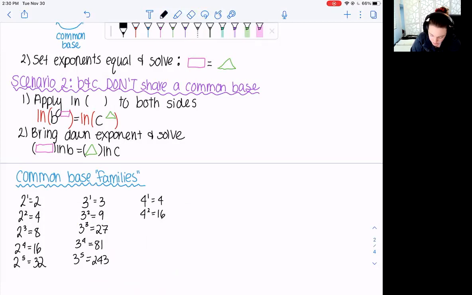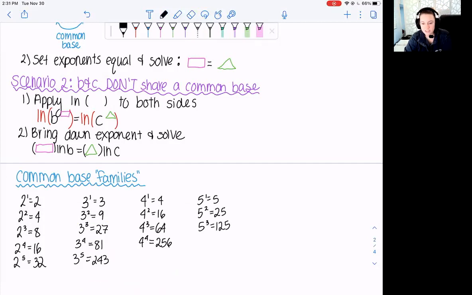Let's see, I'll go up to 4 to the fourth. 4 cubed is 64, and 4 to the fourth power is 256. 5 to the first power is 5, 5 squared is 25, and then 5 cubed is 125.